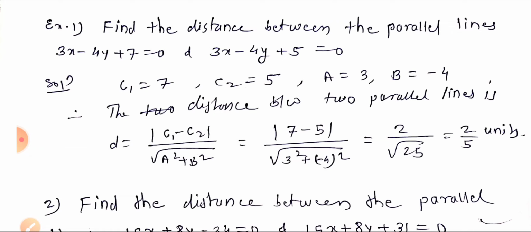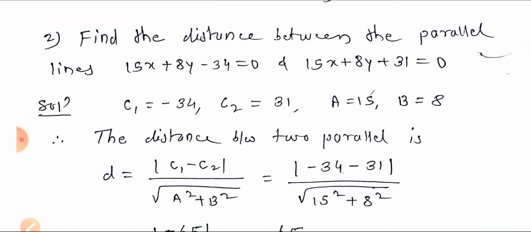The distance is d equal to modulus of (c1 minus c2) by root of (a square plus b square), which is modulus of (7 minus 5) upon root of (3 square plus minus 4 square). This is 2 by root 25, because 3 square is 9 plus 4 square is 16, 9 plus 16 is 25. So that is equal to 2 by 5 units. Hence the solution.